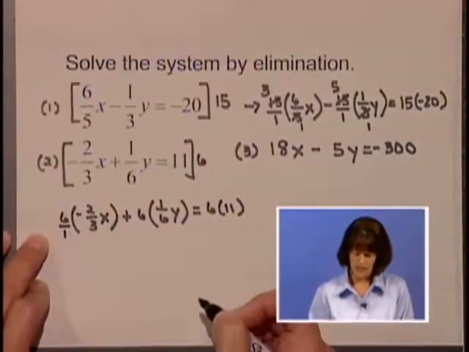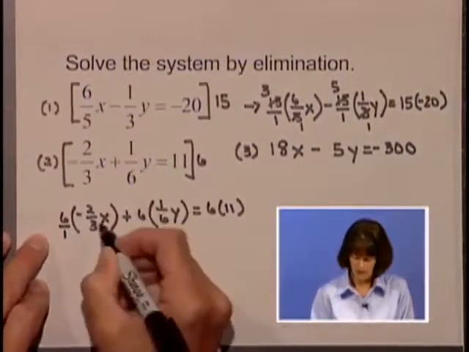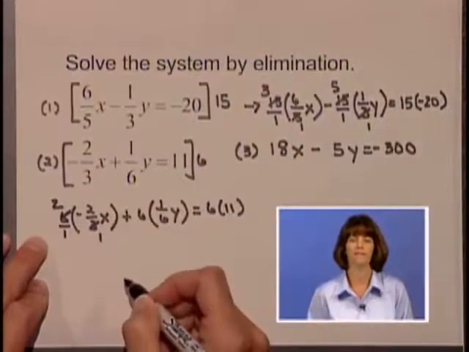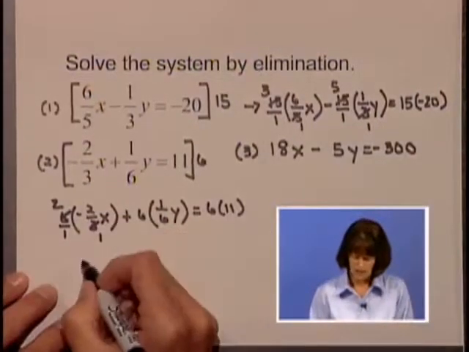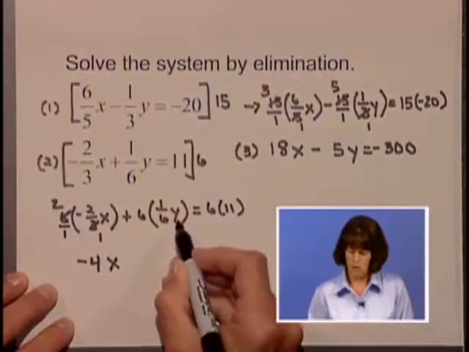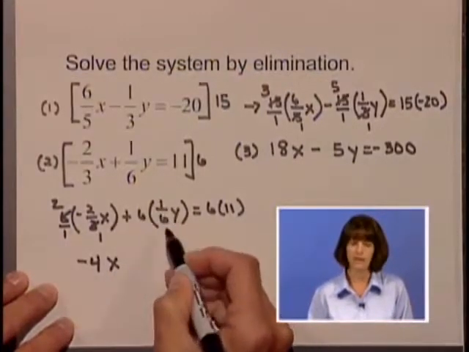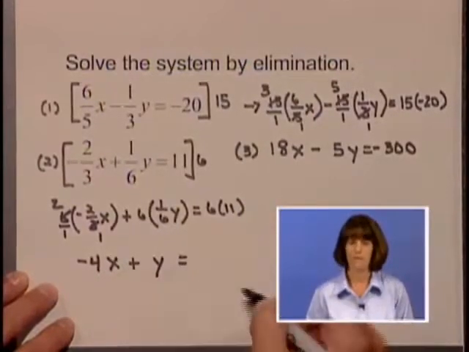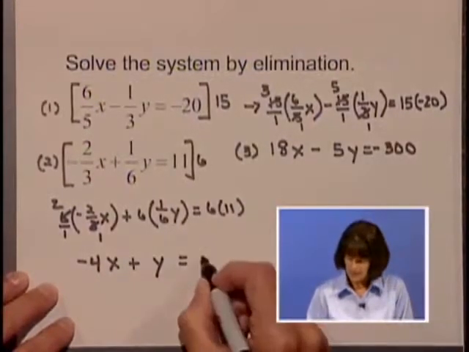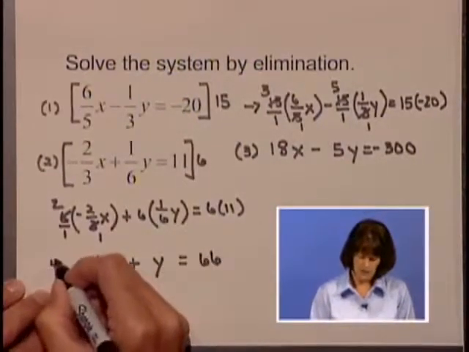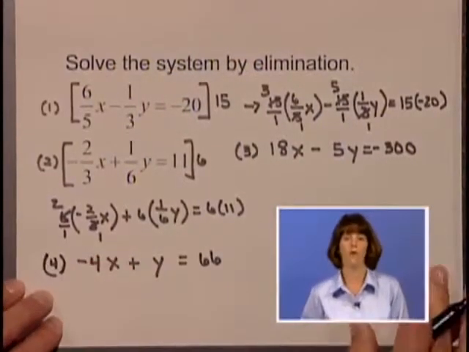Let's write that as a 6/1 and cancel common factors. 3 goes into itself once, into 6 twice. Multiplying straight across, that's a -4x. With our second term, 6 times 1/6, its reciprocal cancels out. On the right, 6 times 11 is a 66. And let's call this our new equation 4.